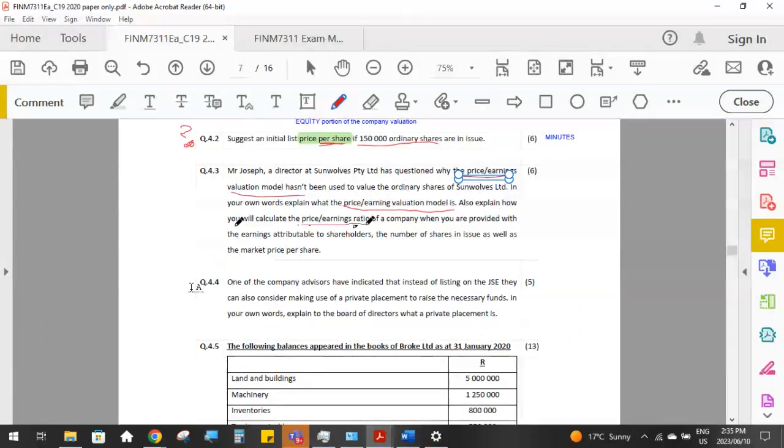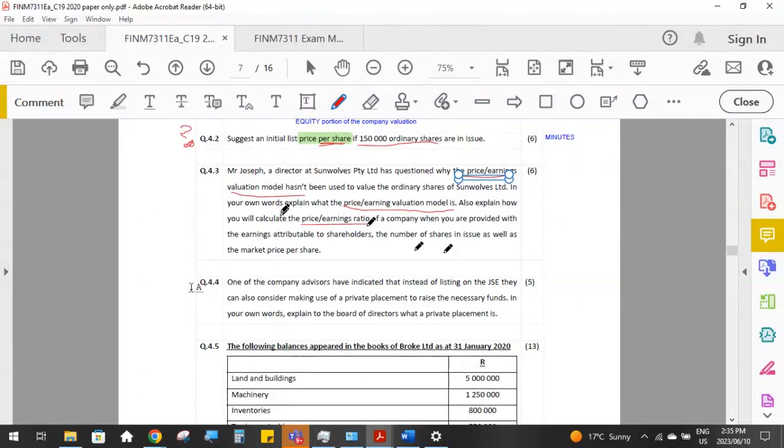Take note, that's the PE ratio that you learned in second year finance when you are provided with the earnings attributable to shareholders and the number of shares in issue, as well as the market price per share. So they've basically given you the answer here. But again, take note, answer what they've asked.